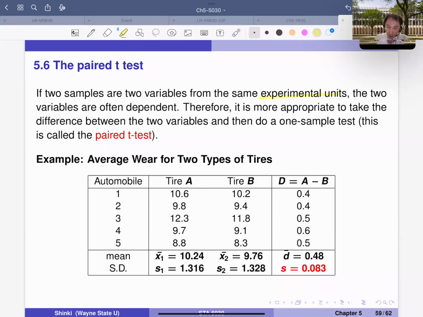Therefore, it is more appropriate to take the difference between the two variables and then do a one sample t-test. The situation is like this: we have 5 cars, and maybe tire A is the left front tire, and tire B is the right front tire.